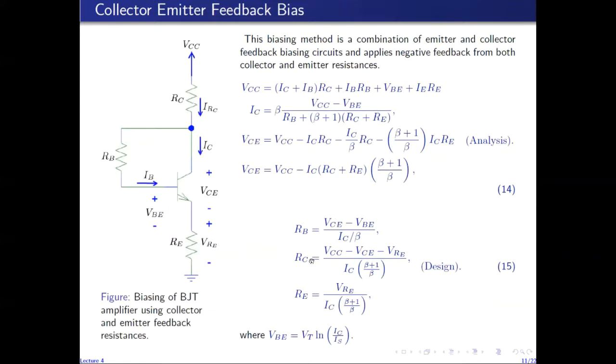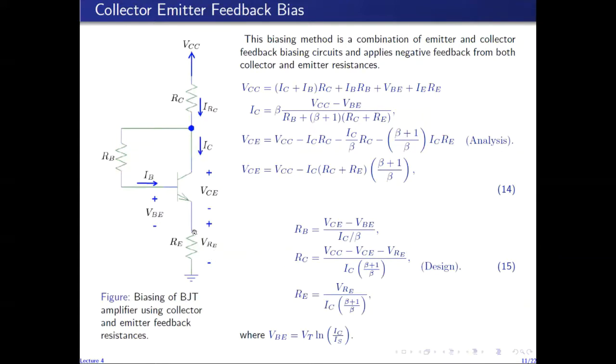So RC is again found by inverting this expression, in which this term is replaced by VRE, because beta plus 1 over beta into IC is emitter current. At times RE gives us the voltage across RE, and then we can invert it to find RC.